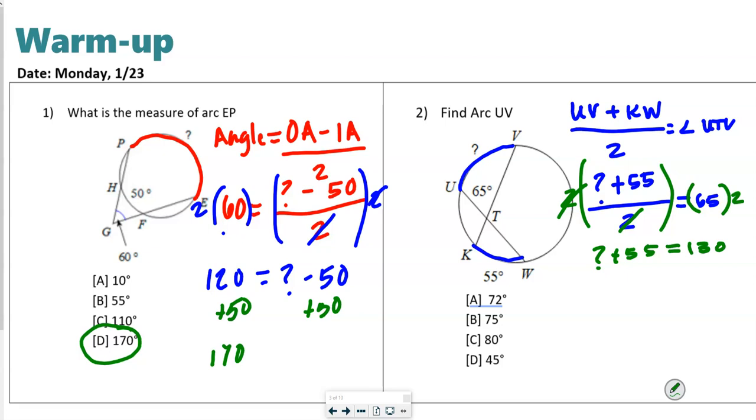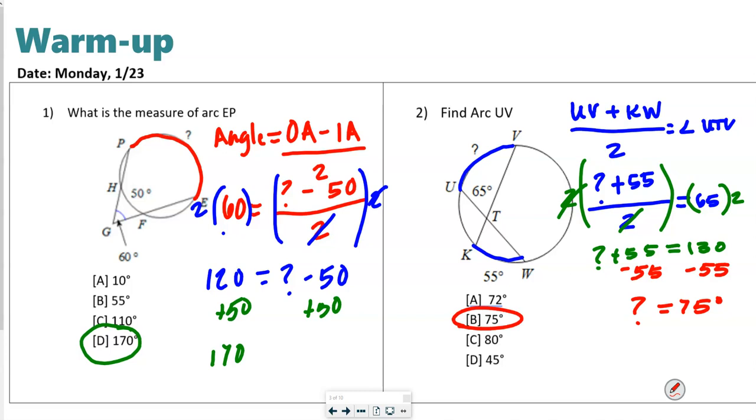And this time we're going to subtract 55 from both sides. So question mark is equal to, is that 75? 75 plus 55 is 130 divided by 2 is 65. Yep, so that's right. 75 right there.